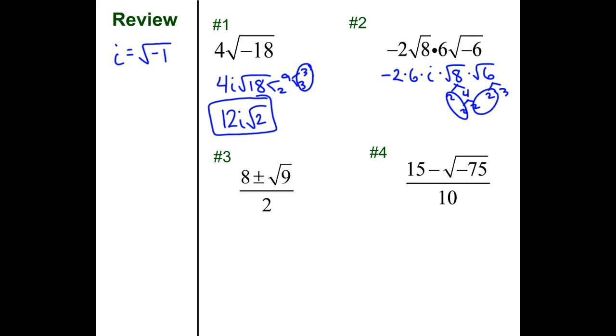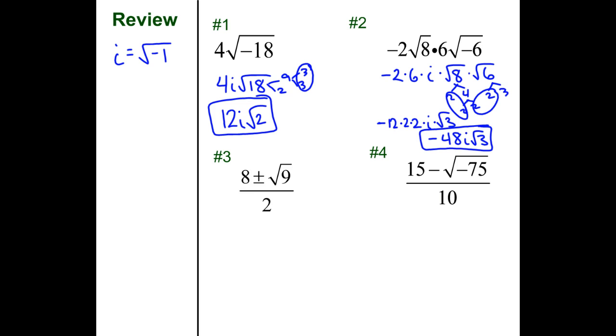So I'm really going to pull out 2 more 2's. So -2 times 6 is -12. So -12 times 2 times 2 times i, and then what's left inside is the square root of 3. So -12 times 4 is -48. So it becomes -48i times the square root of 3.